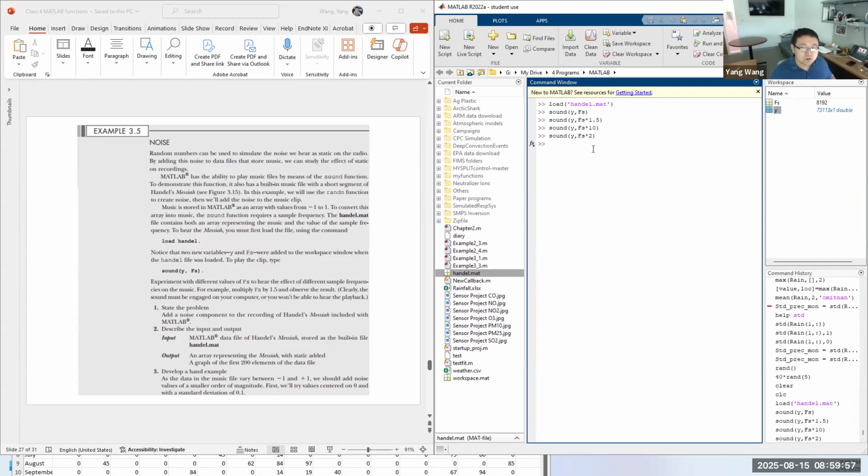So you can add some noise, right? If you add the noise, it's not going to change the speed, it's only going to change the value. So now we can try something. We can do sound(y, fs), the same speed. And then let's start to add a random number to the frequency. You can do rand.